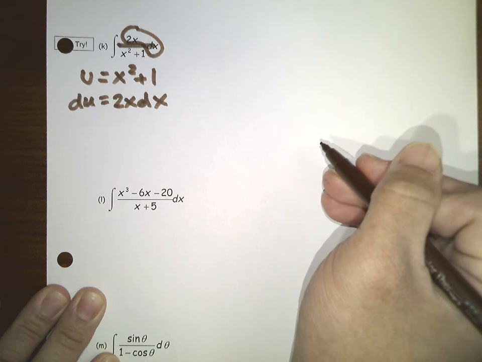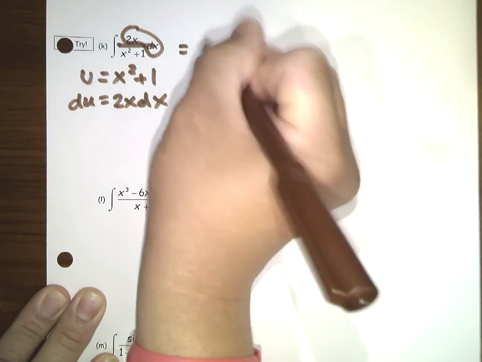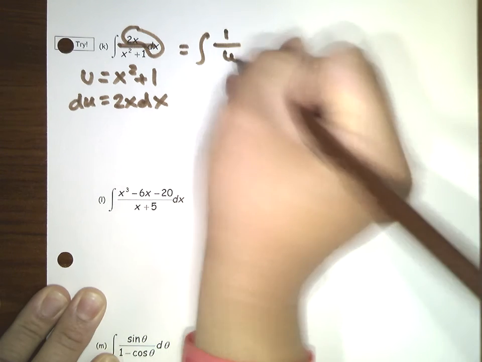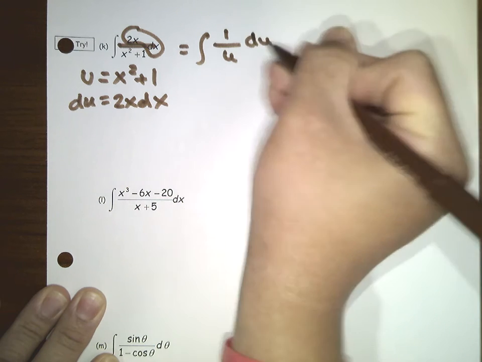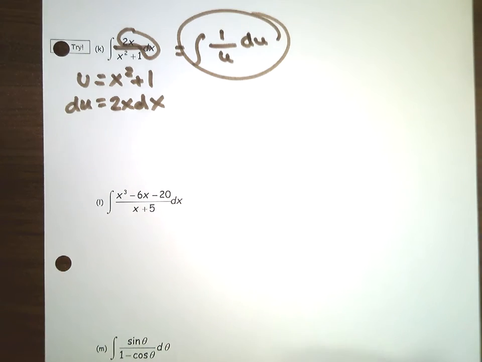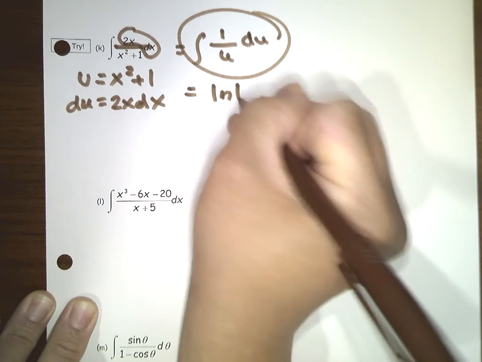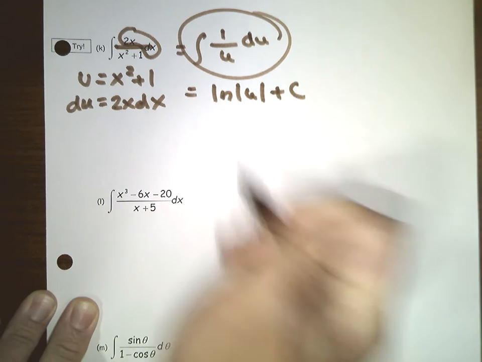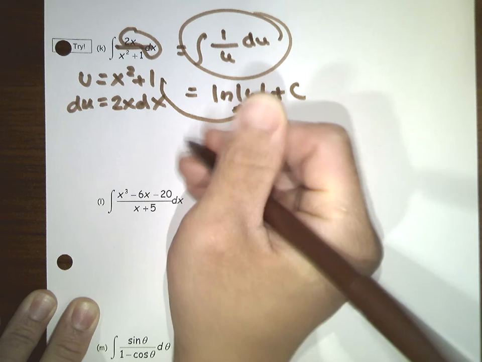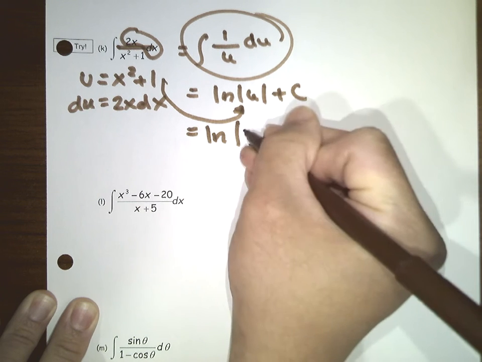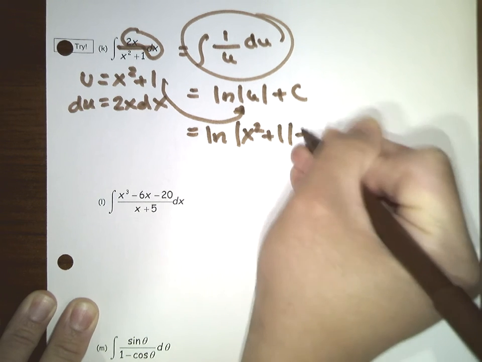So there's 2x dx already in the integrand, so this is the integral of 1 over u times du, and we've had the same integral before, right? This is going to be natural log of the absolute value of u plus c, and we substitute the u back in, so we have natural log of the absolute value of x squared plus 1 plus c.